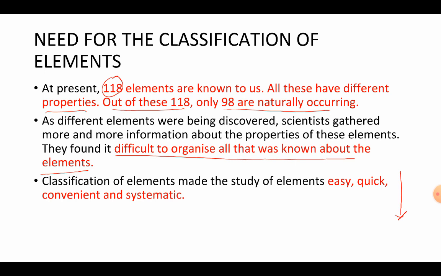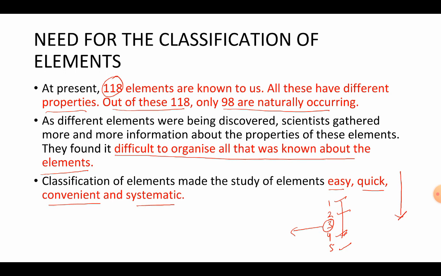Now this classification has made the study of elements easy, quick, convenient and systematic. Suppose in a group there are a total of, let us say, 5 elements, and we know the property of the third element. If we know the property of the third element, we can apply the properties to the other 4 elements also. So that has made the study of elements easy, quick, convenient and systematic.